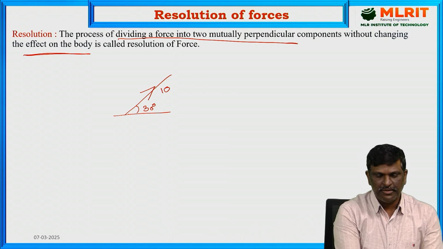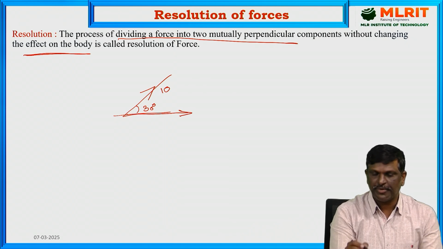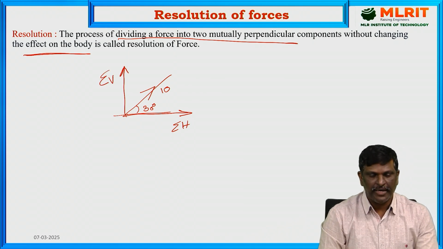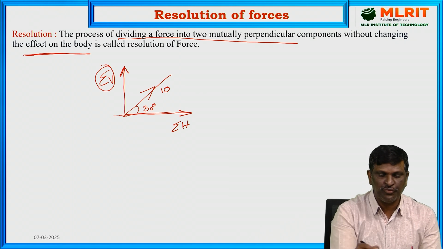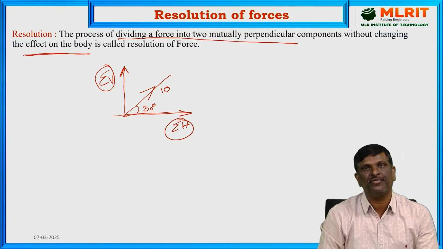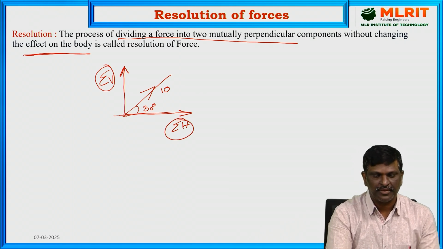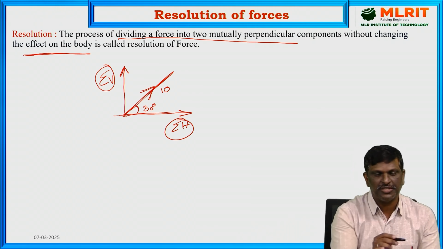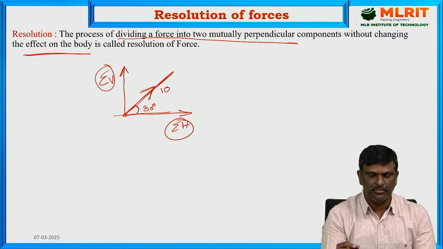If you split the force into two mutually perpendicular components, let us say sigma h and sigma v, and if you find the resultant of these two components, you should get the resultant 10 newtons acting at 30 degrees to the horizontal, without changing the effect on the body.